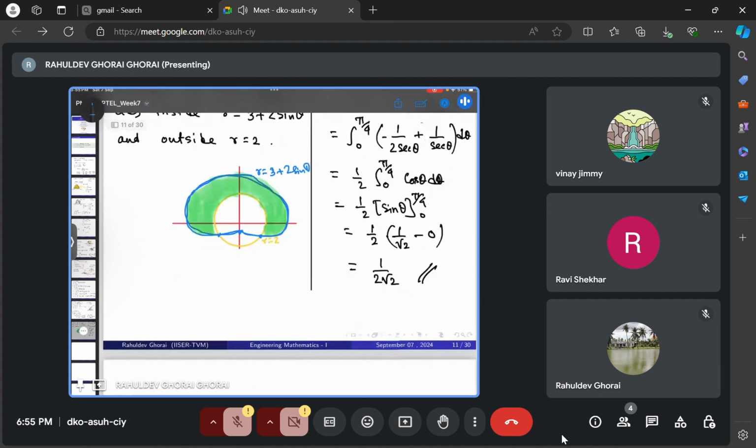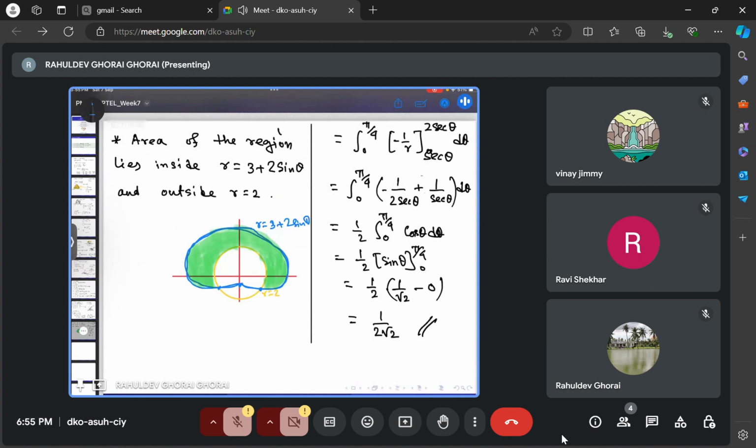So when you have this, what you have to find out are the limits of integration, right? We will be integrating over r dr d theta, I mean instead of dx dy it will be r dr d theta.